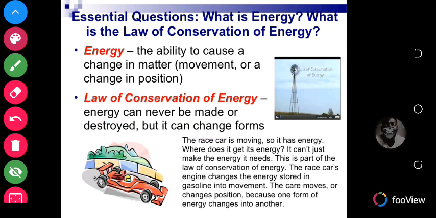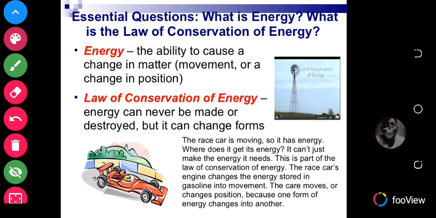Example: the car is moving, so it has energy. Where does it get its energy? It can't just make the energy it needs. This is part of the law of conservation of energy, where energy cannot be made. So the race car's engine changes energy stored in the gasoline, or in the fuel, into movement, and the car moves and changes position because the energy from the fuel causes the machines in the car to move the car.